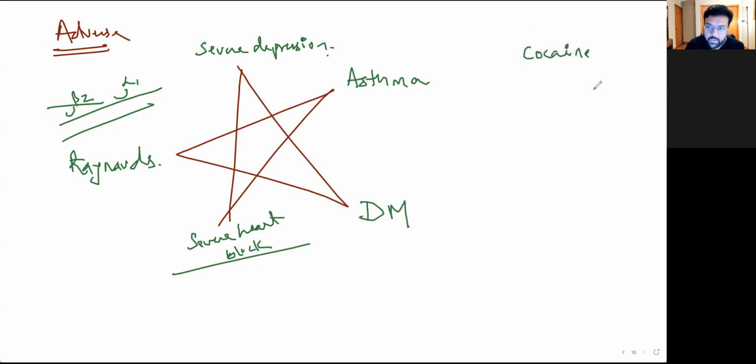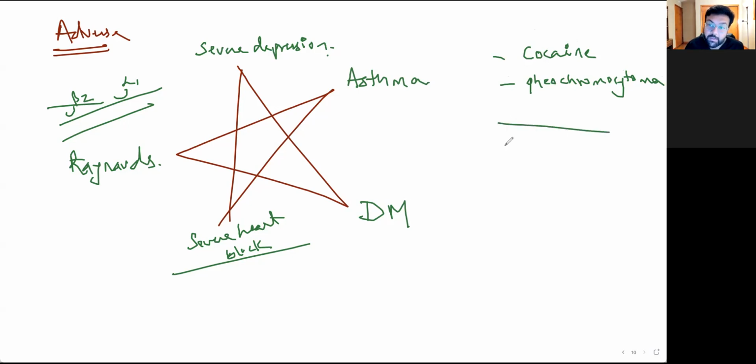Cocaine intoxication and pheochromocytoma. Cocaine intoxication and pheochromocytoma. Please give alpha blockers first and then give beta blockers.